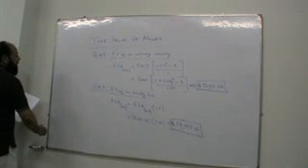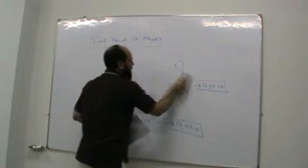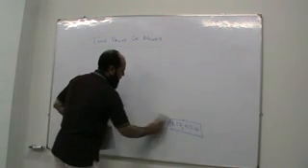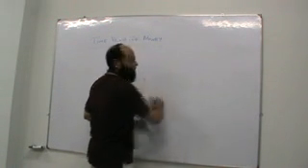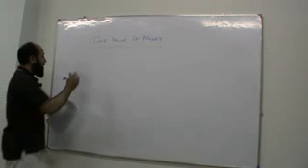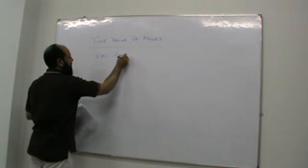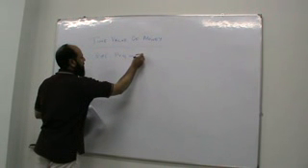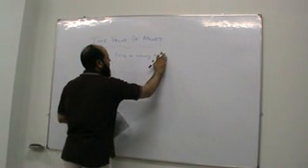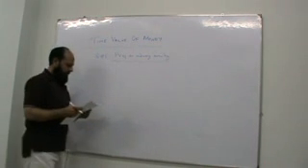Question number 5. Now question number 5 deals with present value. Question number 5 is present value of an ordinary annuity.